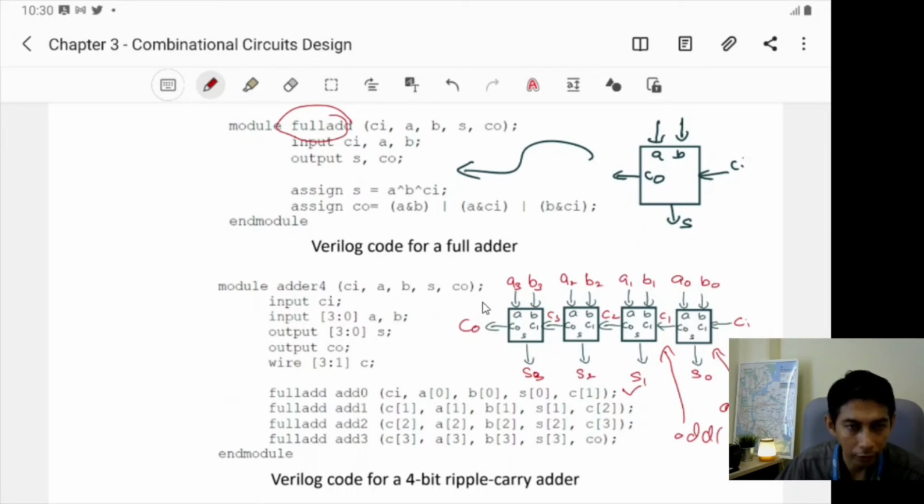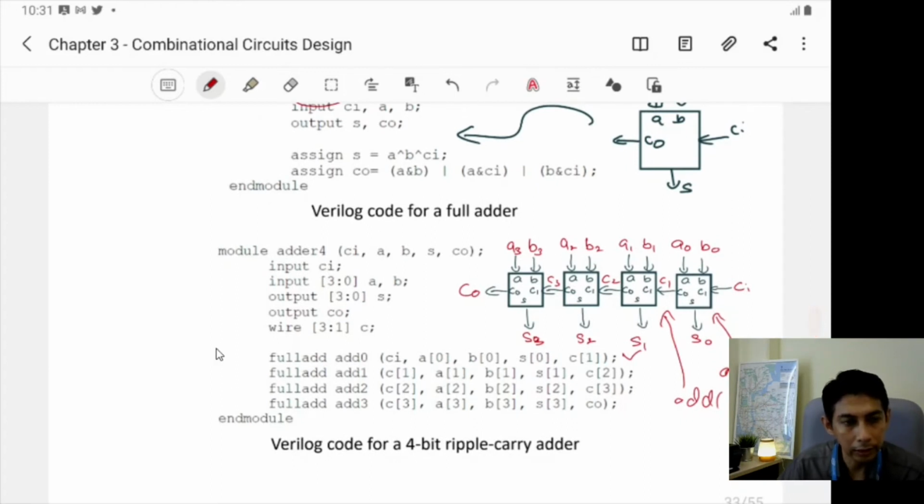All right. And for the last module, the Ci is C3, and A3, B3, S3, and the output for the last module is CO. So that you have CO here. That's why you have this. Okay.